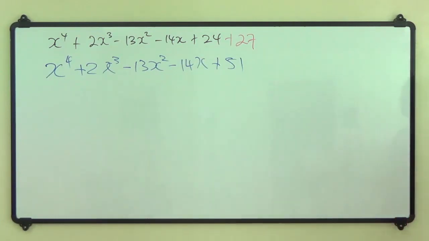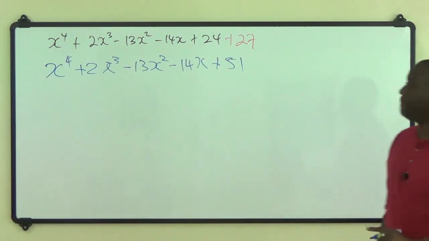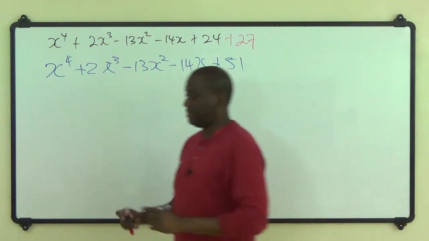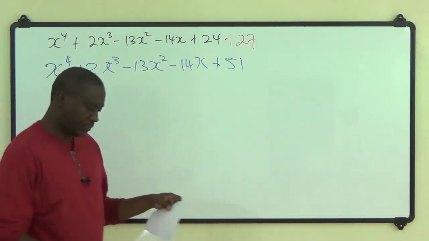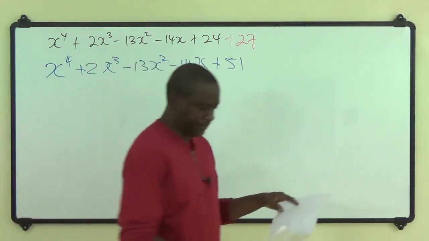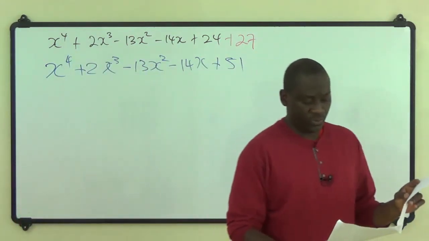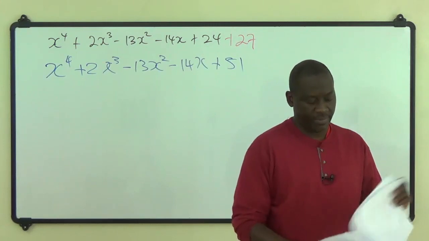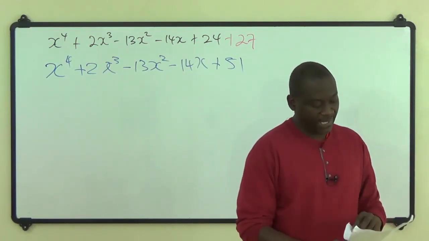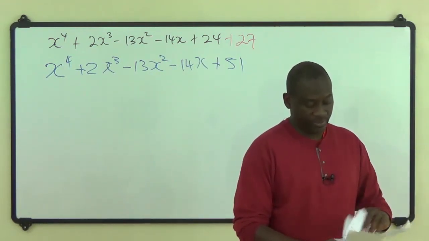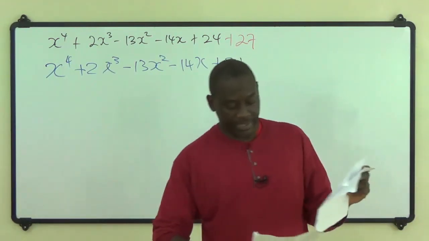All right, so we have a new polynomial now. Good. Now we're going to divide this by, what did we divide it by the first time? I can't remember which of the two quadratics we divided it by the first time, but at this stage it really doesn't matter which one we use because the same remainder would appear.